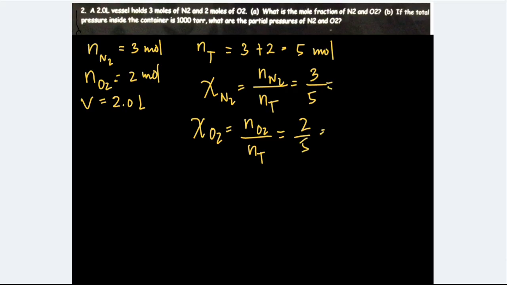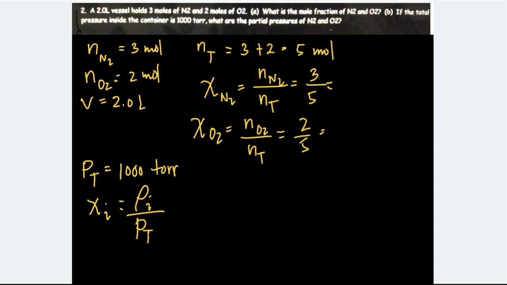Then the next one: if the total pressure of the container is 1000 torr, what are the partial pressures? The mole fraction is just the partial pressure of the gas divided by the total pressure, right?